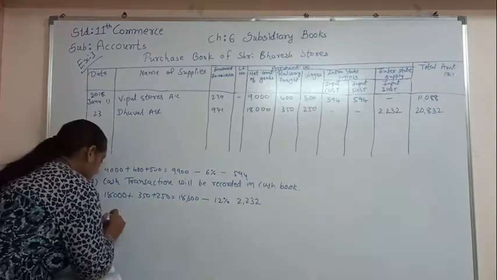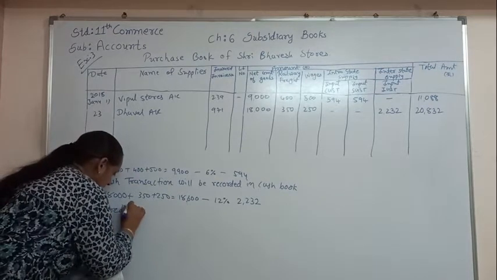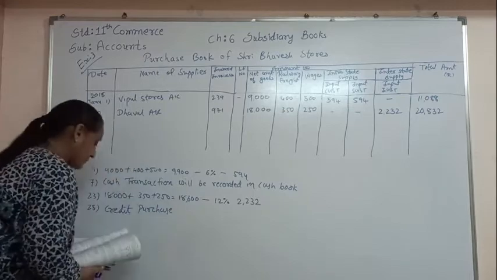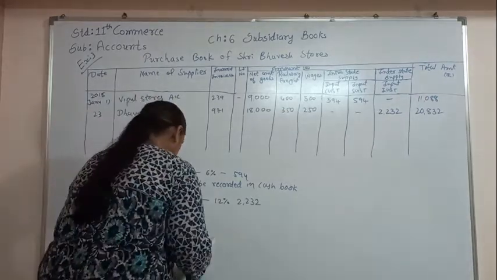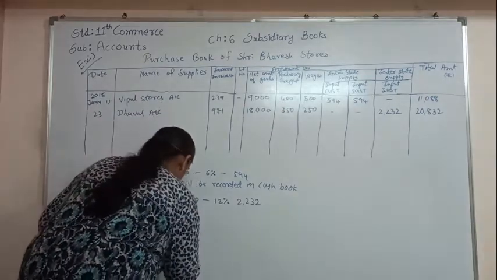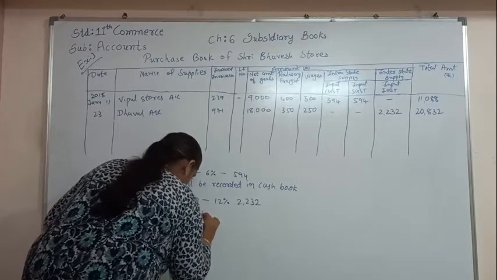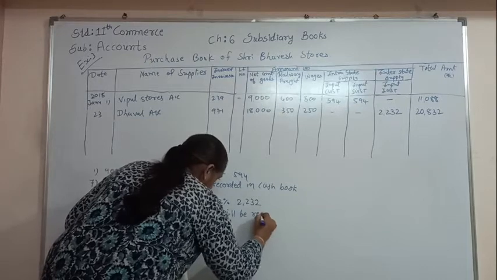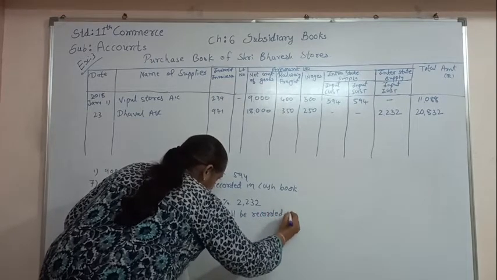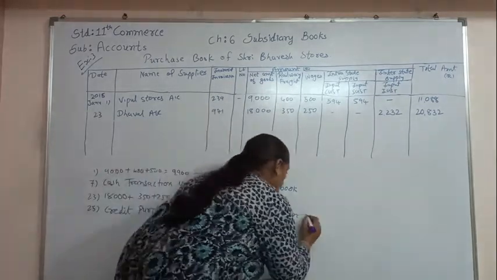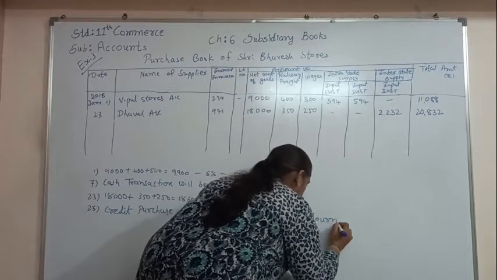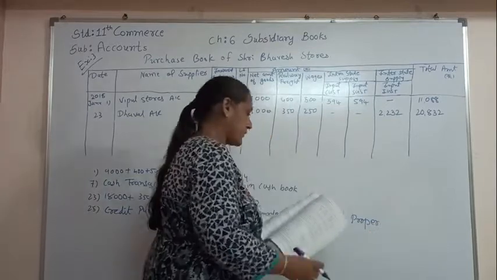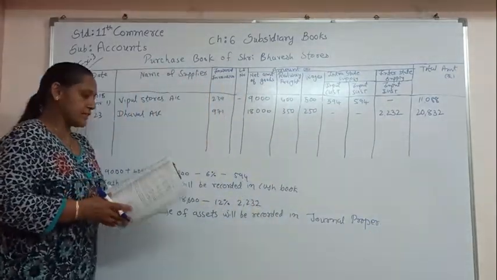So credit purchase of asset will be recorded in journal proper. So that. Now let's see the next transaction.